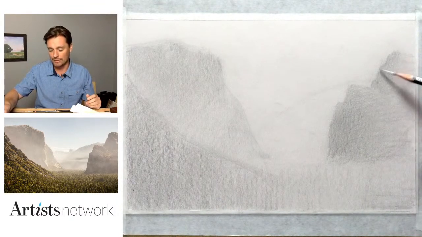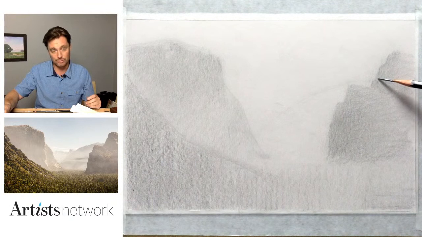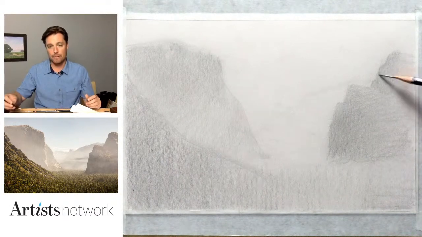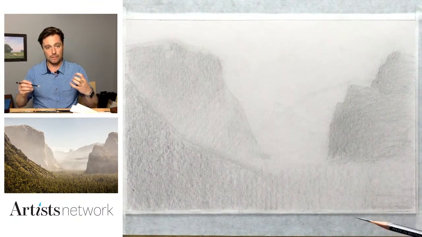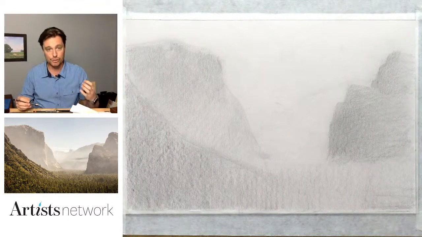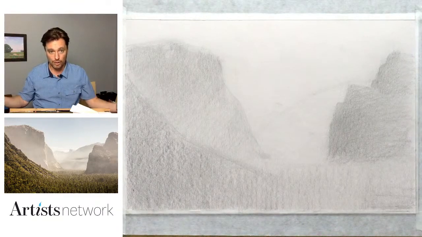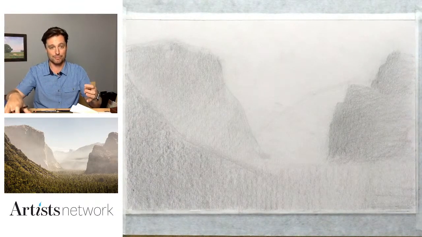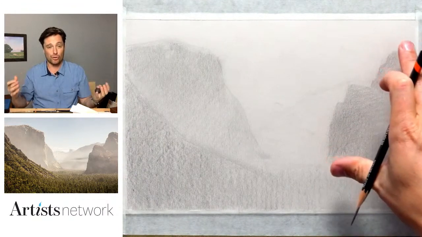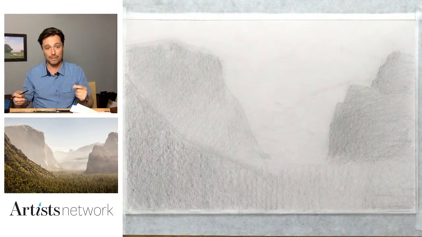Am I looking at the specific shape along an edge? Am I looking for the value? Am I looking for the texture? There's a particular element, and I try to isolate that one thing so I'm not trying to solve all the problem of this formation here all at once, right? It's just one step at a time.